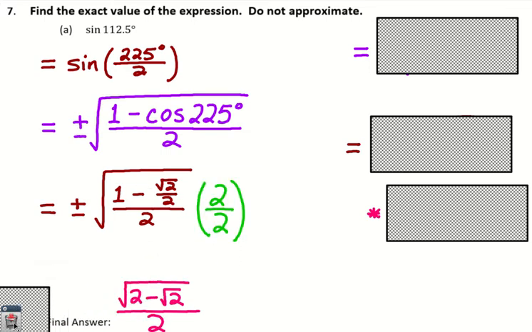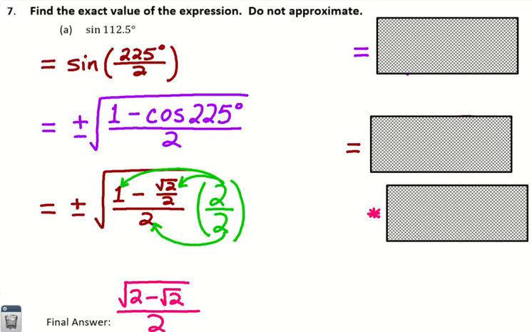Now, how do I usually do it? I take what's inside the radical here, this whole fraction, and I multiply the entire thing by 2 over 2. Which means, again, stay with me here, that this 2 distributes, and this 2, well, it doesn't really distribute, but it just multiplies to there.